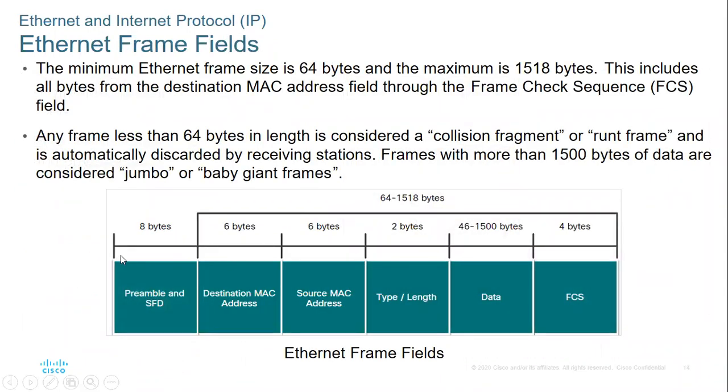We also looked at the Ethernet frame structure, okay? So this is the Ethernet frame structure, which has the preamble, destination MAC, and source MAC. For anything to move over a network, it must have addresses.